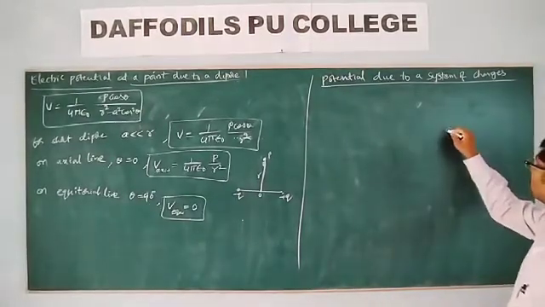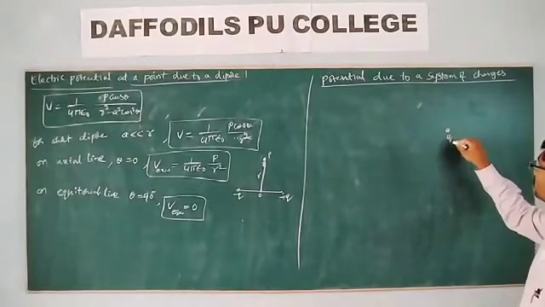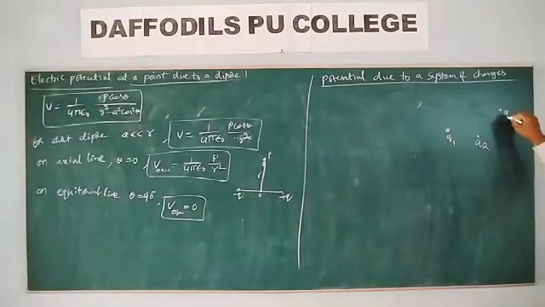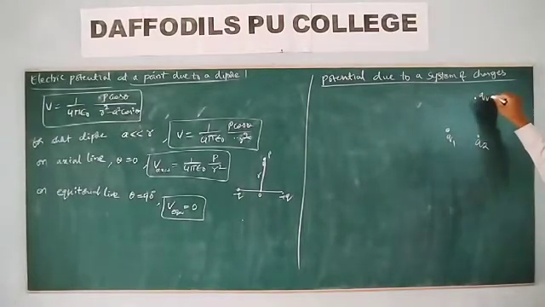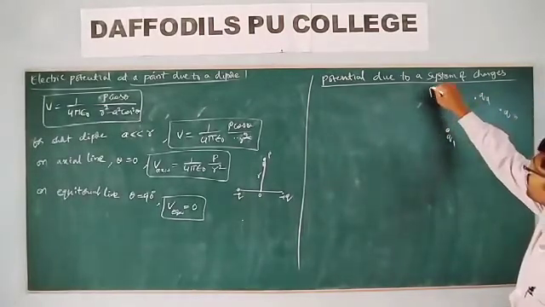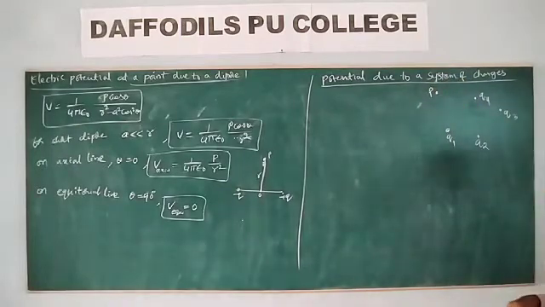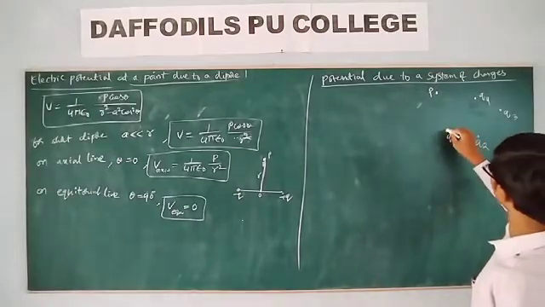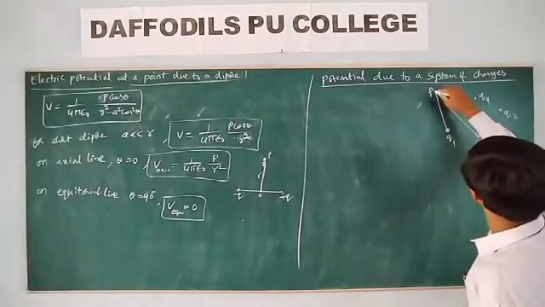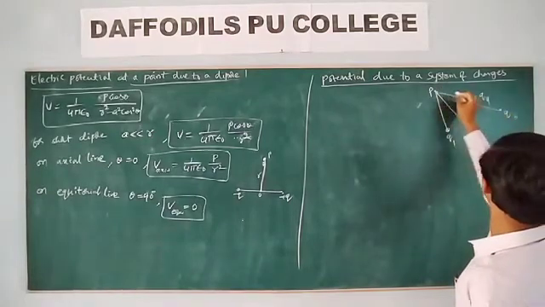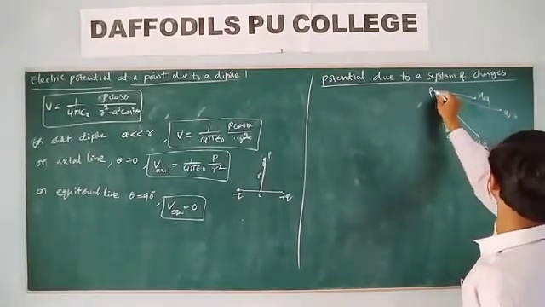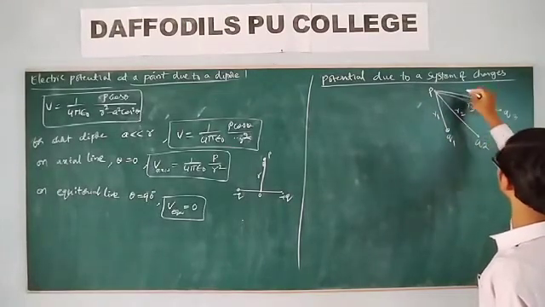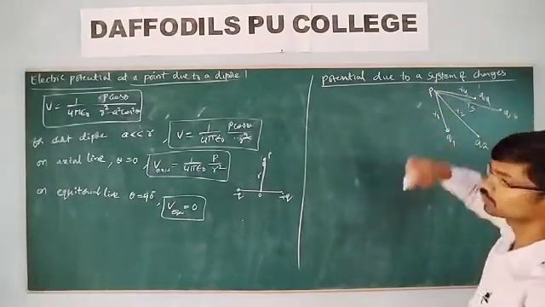Let us take a charge Q1 here, Q2 here, Q3 here, Q4 here, and at this point P, if you want to calculate the electric potential, here Q1, from here Q2, from here Q3, from here Q4. Now the distances are R1, R2, R3, R4 and so on, and the number of charges can be n.